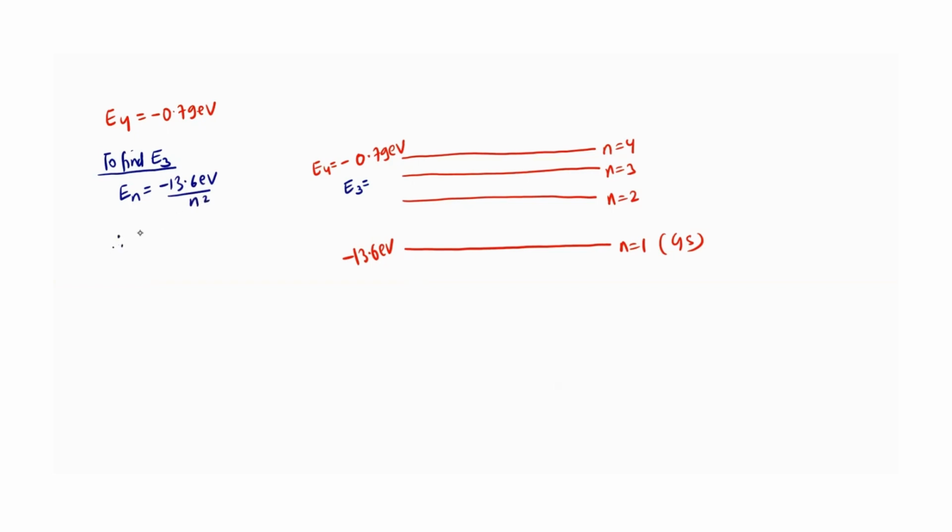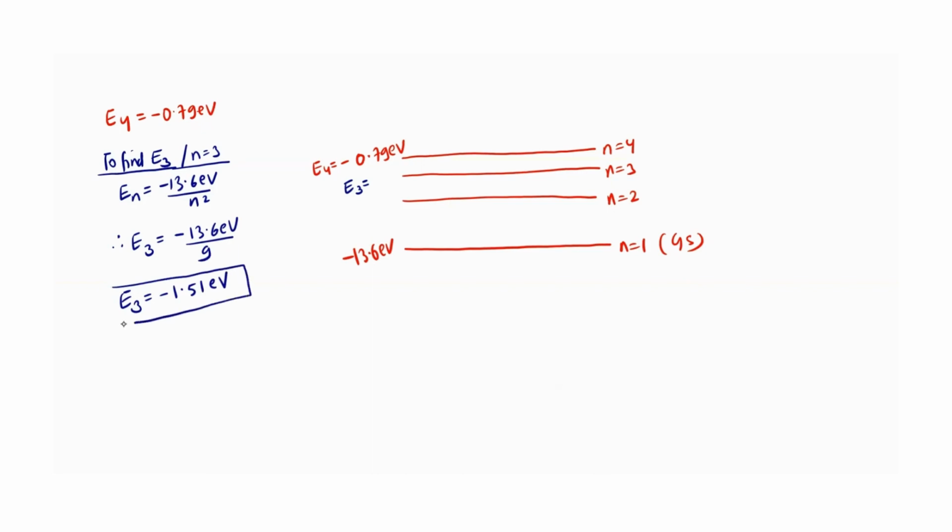Therefore, we can write E3 equals, taking n equals 3, minus 13.6 electron volt by 9. So on simplification, we get E3 equals minus 1.51 electron volt.